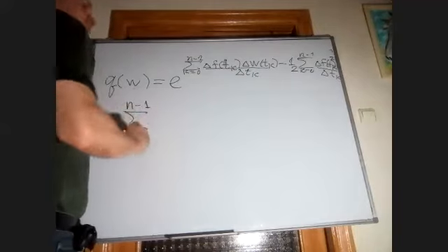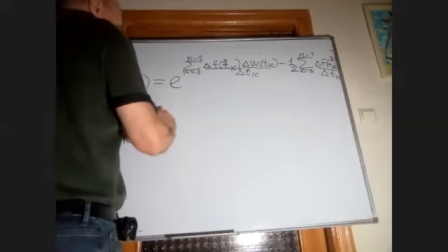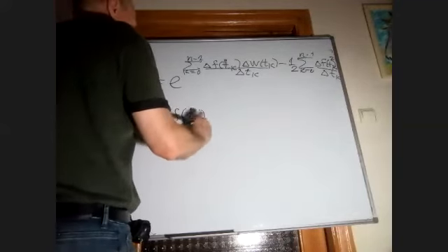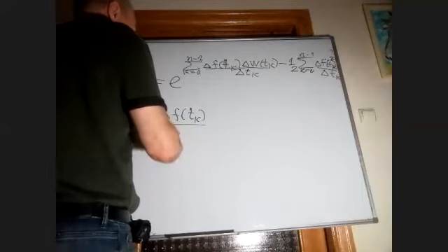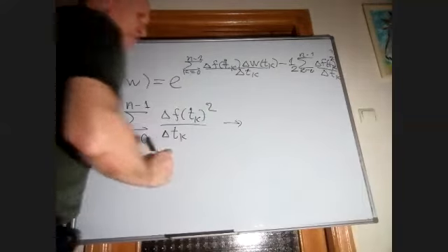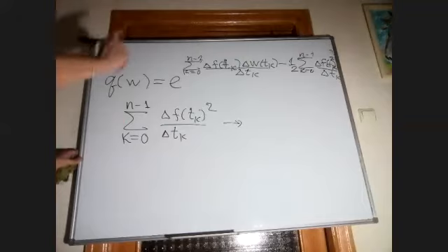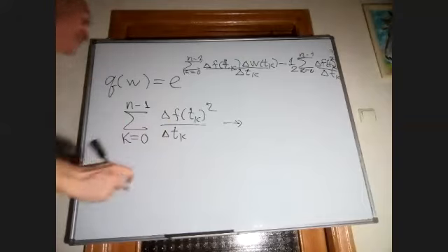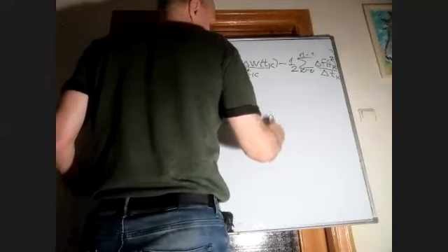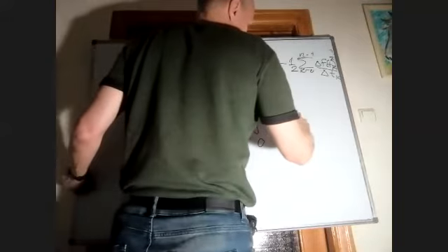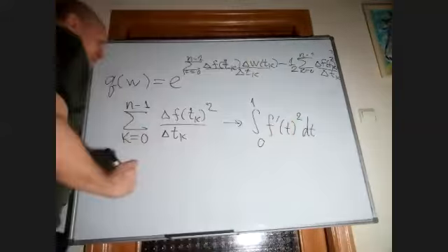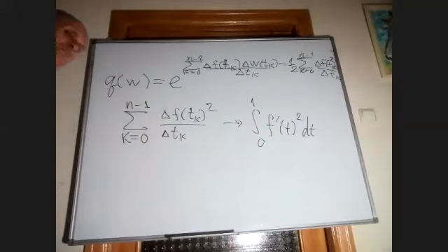Just the sum of (delta f(t_k) over delta t_k) squared times delta t_k. We again can use the Lagrange theorem. One delta t_k will be cancelled, and it will go to the integral from 0 to 1 of f prime of t squared dt when our partition is refined.